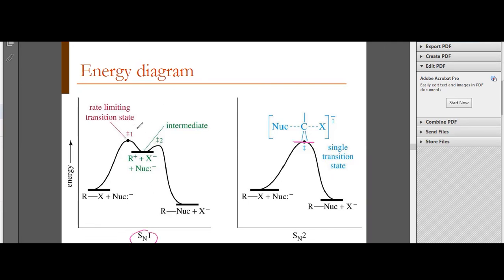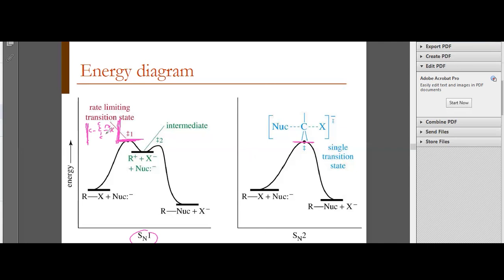The first peak is when the CX bond breaks. So the rate determining step here is when the CX bond breaks. This is the condition when it is at this top position.